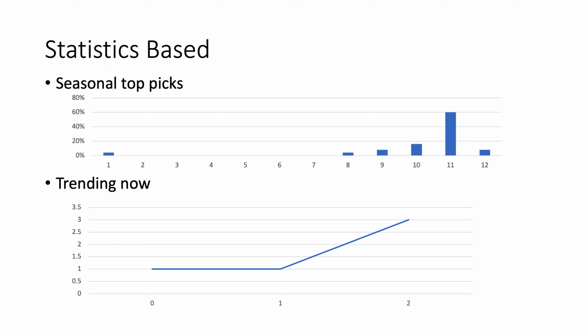For example, if you have some external data, like you're looking at the news, you probably can identify something very popular in recent news. In that case, you recommend those things, right? And also you can use sales to identify the trending products.